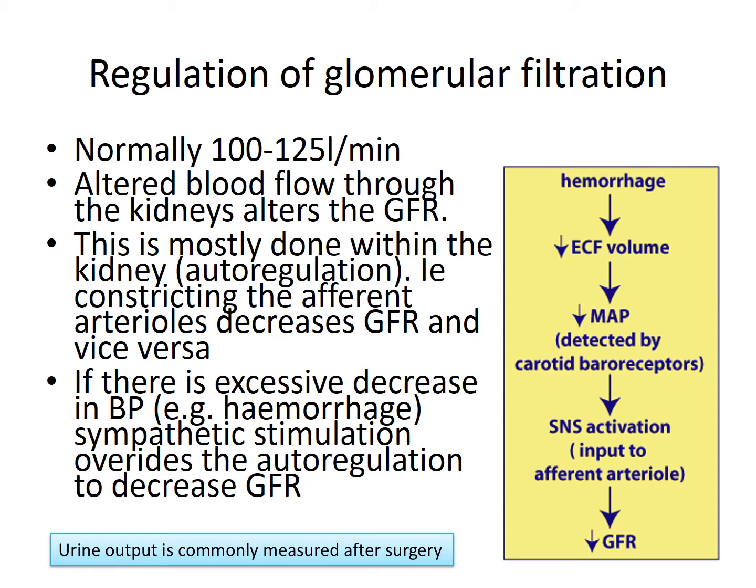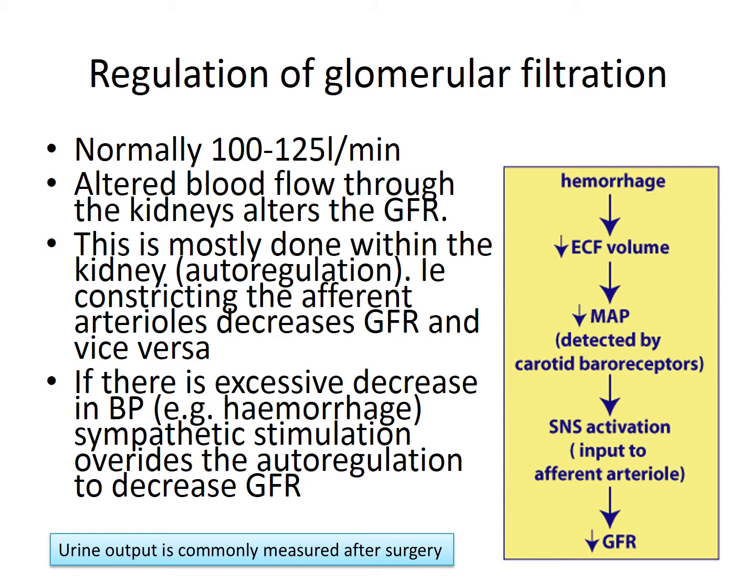The kidney itself, though, is quite clever. If the kidney realizes that perhaps not quite as much blood is going to the kidney as it would like, it can dilate its own blood vessels to let a bit more blood come to the kidney. You can dilate those little arterioles which are leading into the glomerulus.